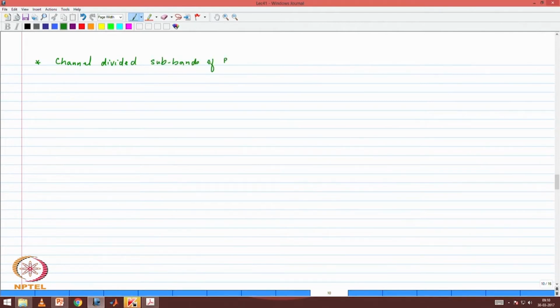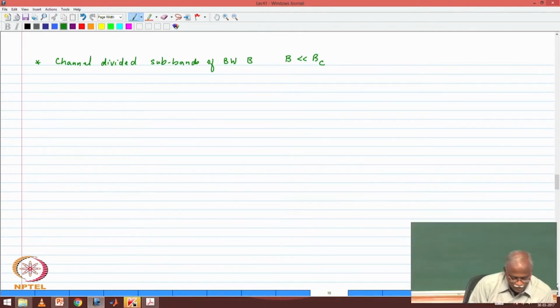Subbands of bandwidth B, where B is much less than coherence bandwidth, and that would mean that I can safely make the assumption of frequency flat fading for each subband. The whole signal, of course, is seeing frequency selective fading, but I have divided it into subbands which are experiencing flat fading.